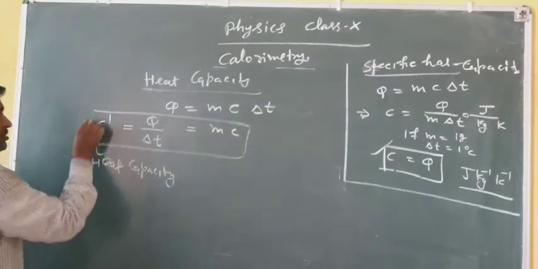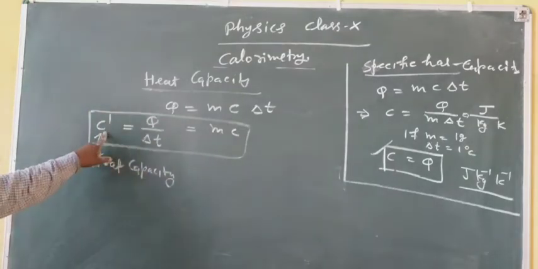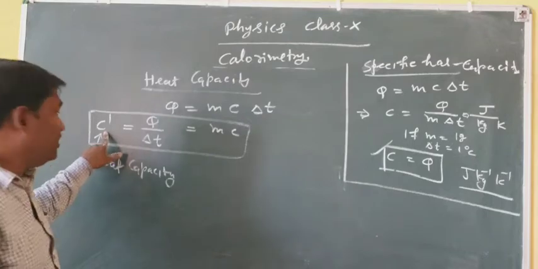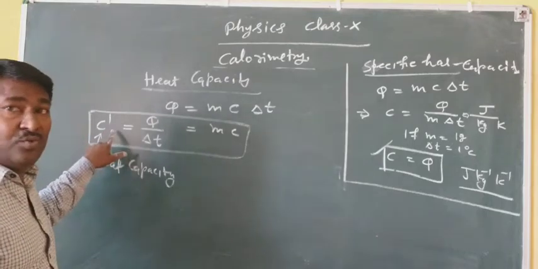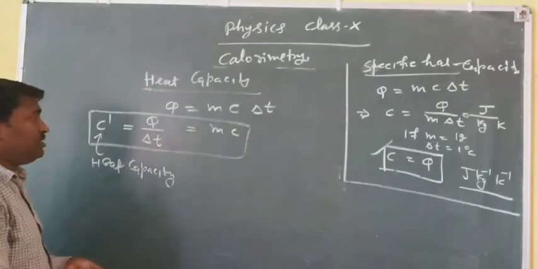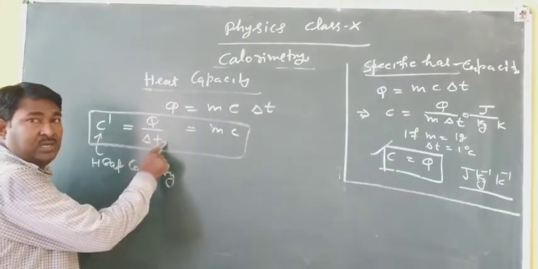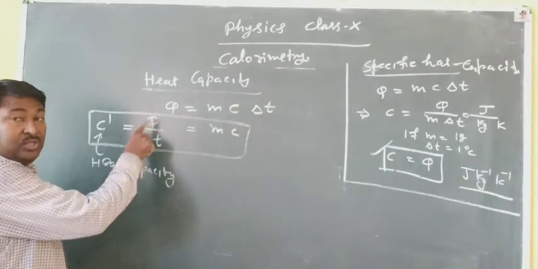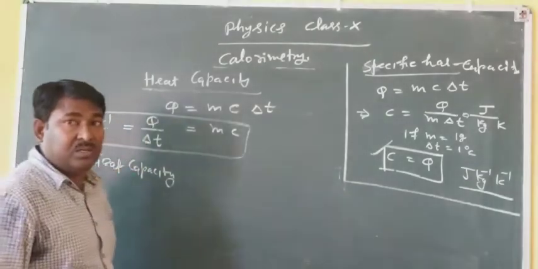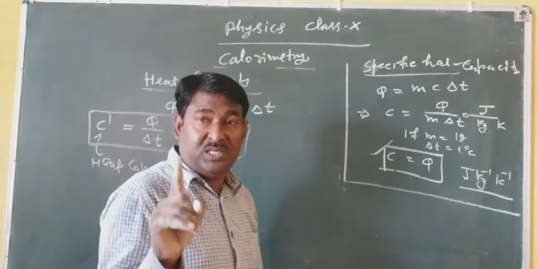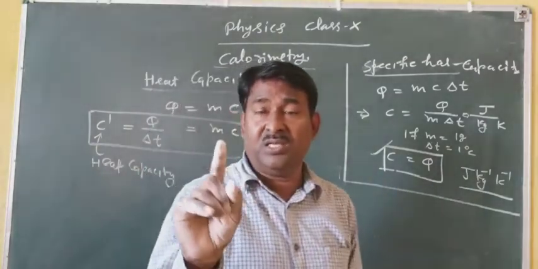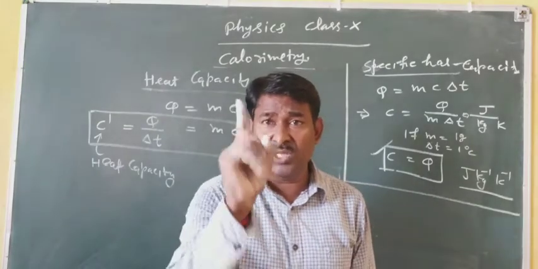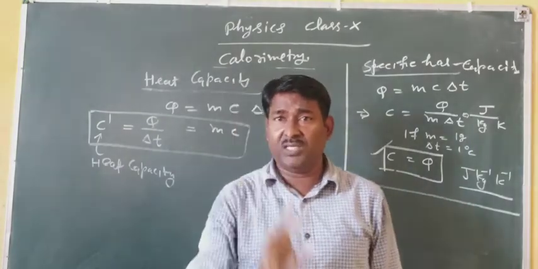So this is your heat capacity. Now how will you define it? Heat capacity is the amount of heat required to increase the temperature by 1 degree centigrade of the whole substance or whole body, not of unit mass. Keep in mind, specific heat capacity is the heat required to increase the temperature of one unit mass of the substance by 1 degree centigrade.